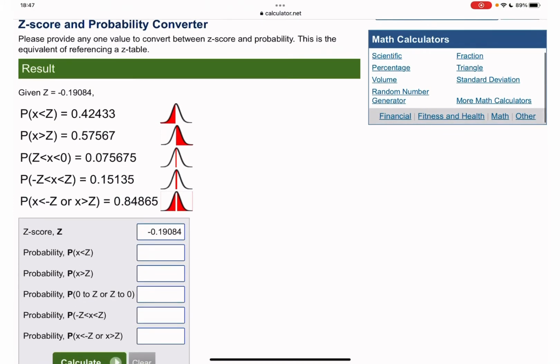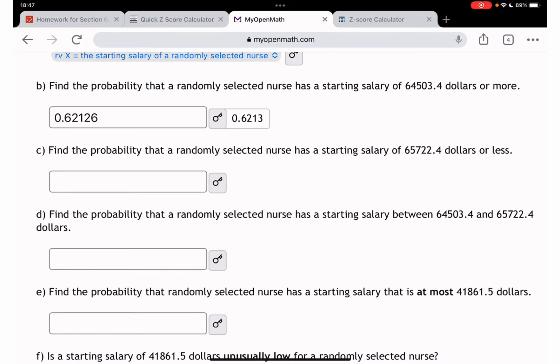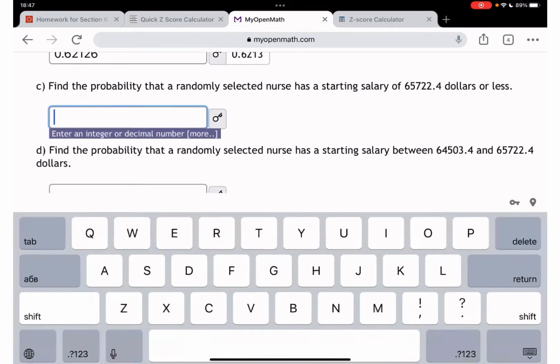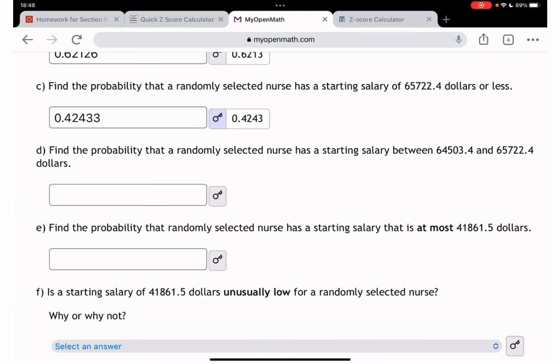In this case, I'm going to take 0.42433 because it's asking for less, right? If you read the question, dollars or less. So this is going to be our answer. There we go. I'm not rounding, so I'm just copy pasting to save time, but you pay attention, round to 4 decimals.